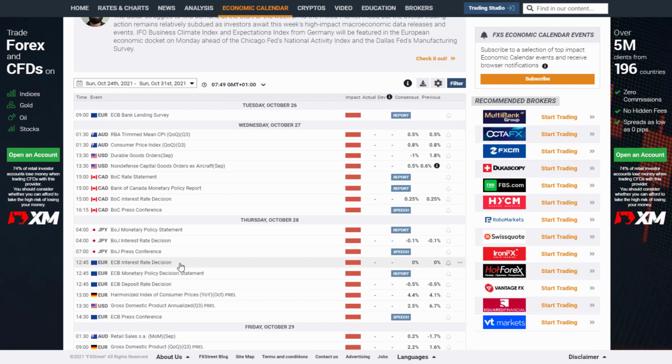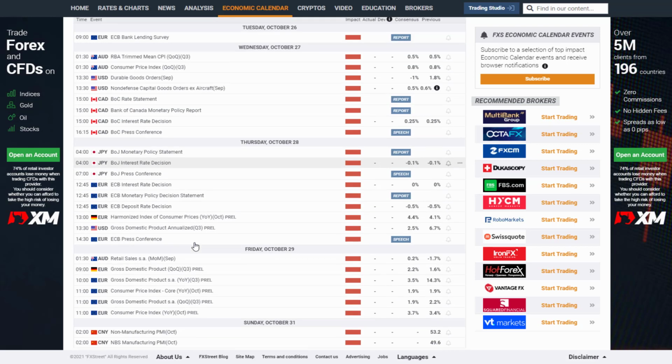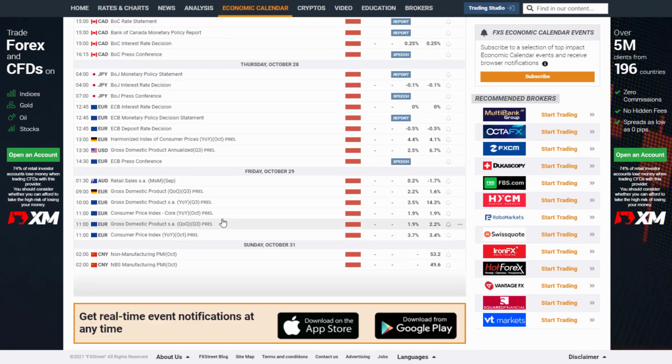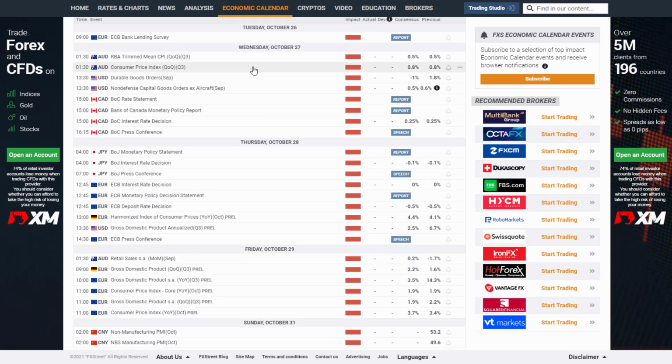Before that we've got Bank of Japan's interest rate decision, but I don't really think that's gonna have such an effect on price action. And then on Friday, GDP, which again I don't really believe will affect price action that much. So it's pretty much just Wednesday and Thursday with some high impact news for this week.